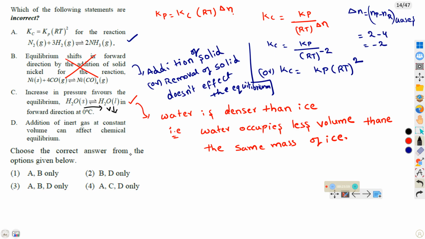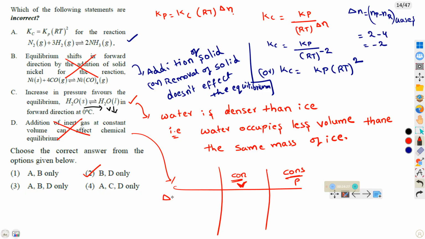That is correct. Addition of inert gas at constant volume can affect the chemical equilibrium. Wrong. This is again wrong. B and D are wrong. Addition of inert gas, constant volume, constant pressure.